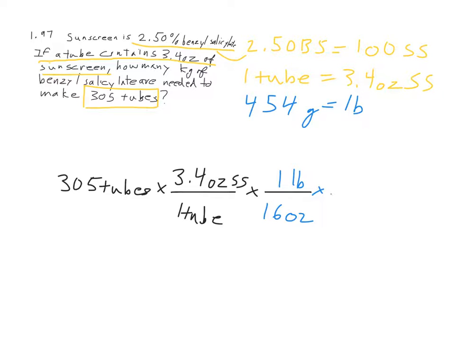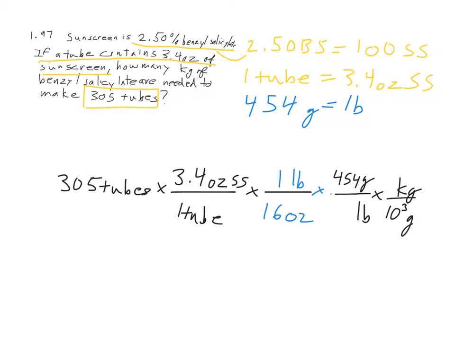And from pounds, place pounds where they cancel out, I can go to grams. And from grams, I can go to kilograms, because I know that 10 to the third grams is 1 kilogram.